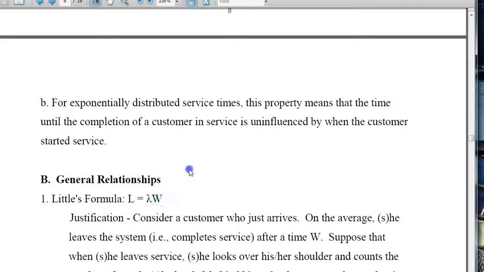If you think of your queue as just a black box where customers arrive and go in at rate lambda, and then they leave after some time, if you count on average how many are in that box, that's going to be the same as the rate at which they arrive times the average time they spend in the system.